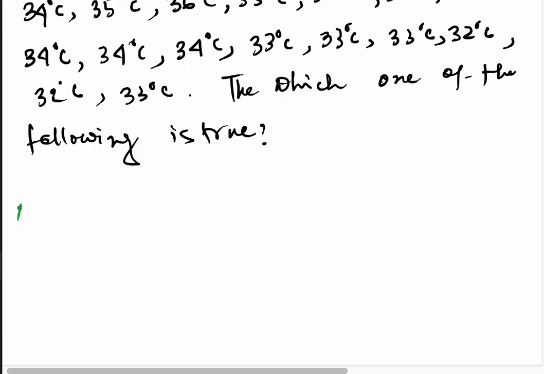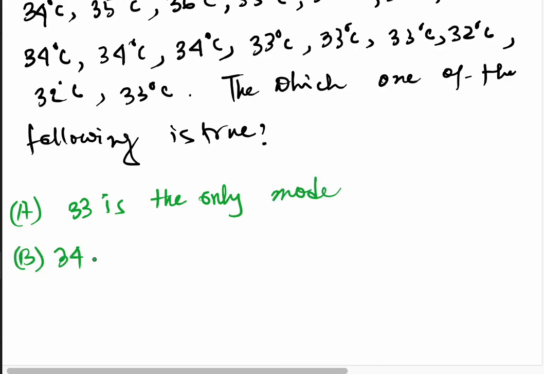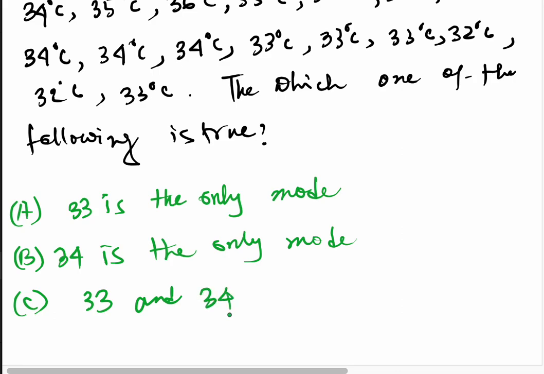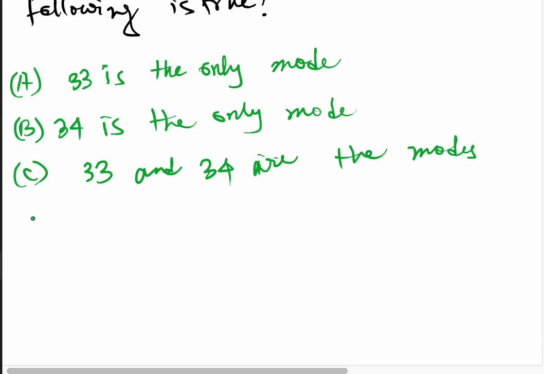So the options are A, 33 is the only mode, B, 34 is the only mode, C, 33 and 34 are the modes, or option D, 35 is the only mode.